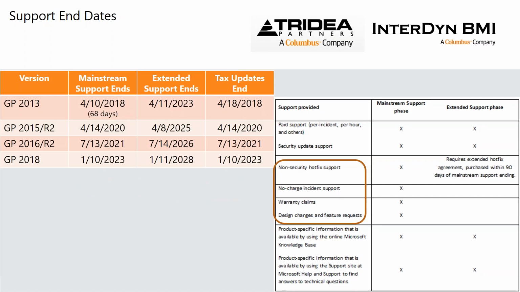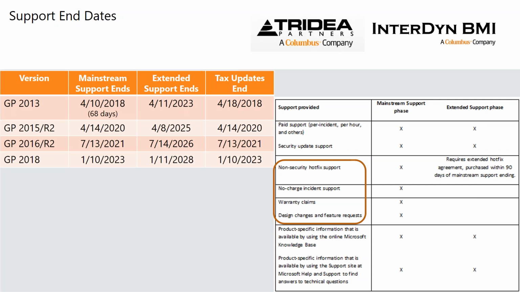So I wanted to, in the last couple of minutes, just talk about when support ends for some of these products. So GP 2013, you probably have heard somewhere along the line, maybe from us, hopefully, but 2013 support ends in 68 days. So April 10th, there will be no more updates to 2013.